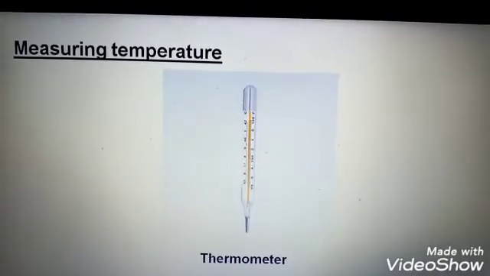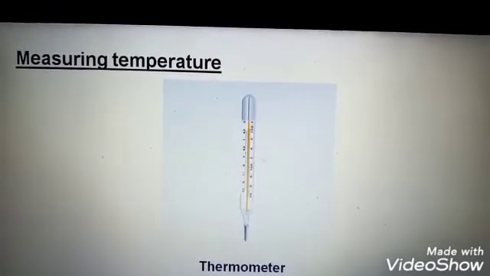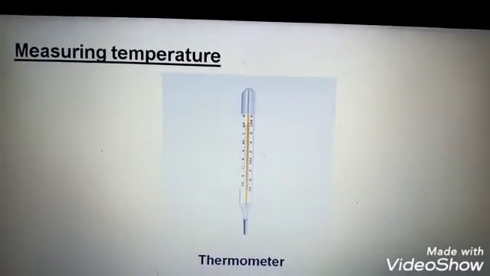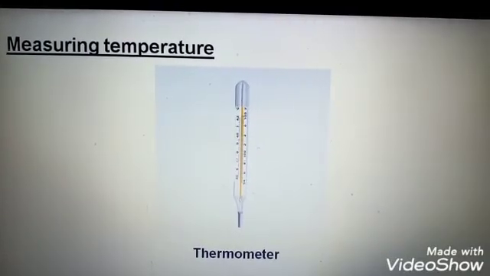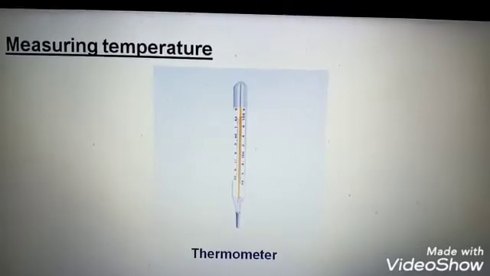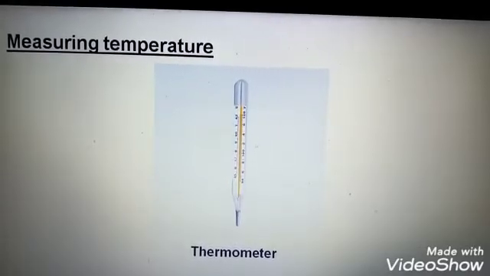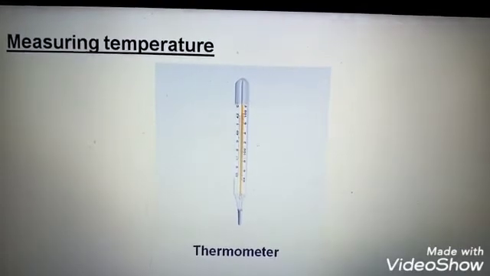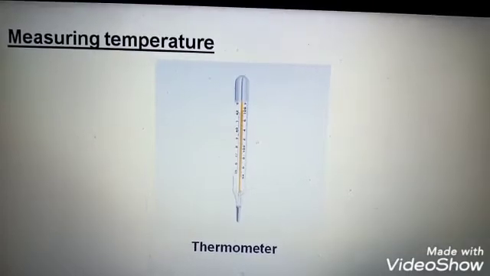We can tell how hot or cold something is by measuring its temperature with a thermometer. It's the picture of a thermometer. We use a thermometer for measuring the temperature of anyone. So, a thermometer is the instrument for measuring temperature.